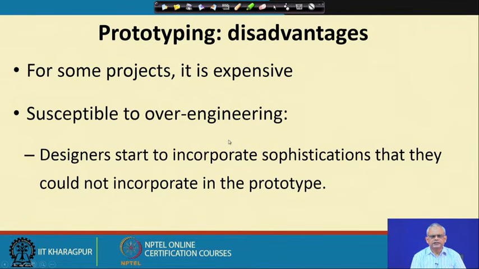They would like to make it much more sophisticated. So, when the prototyping model is used, it is often the case that developers feel tempted to over engineer the actual software.